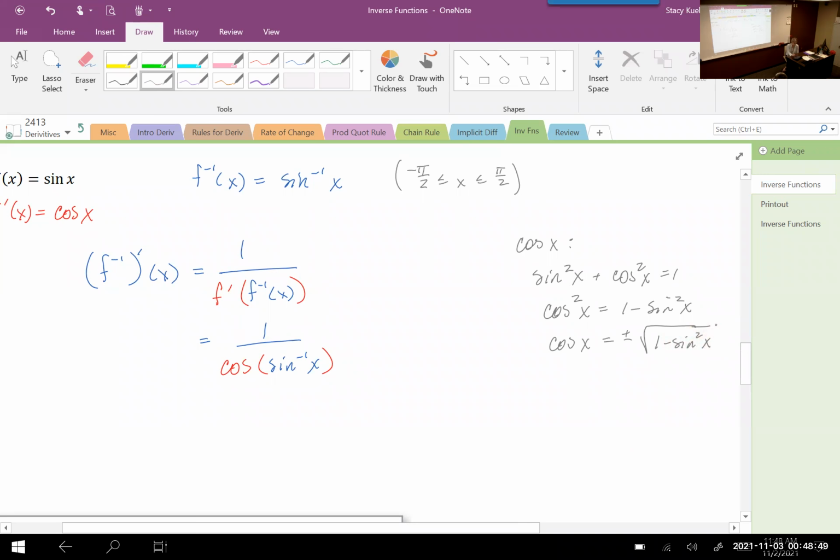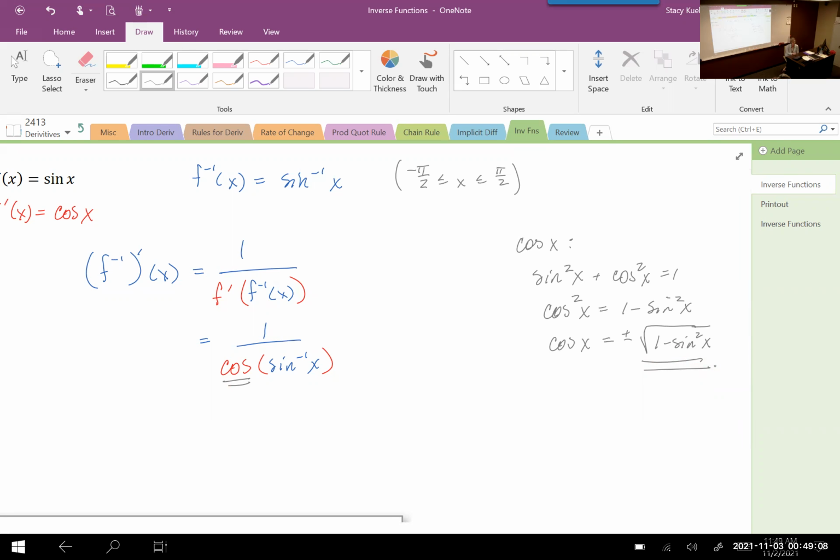What I want to do is replace cosine with what we just solved for, so that I can take everything in my inverse function and rewrite it all in terms of sines.